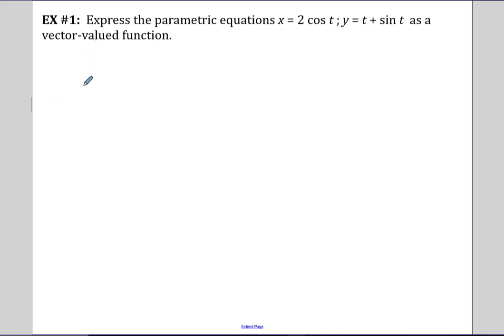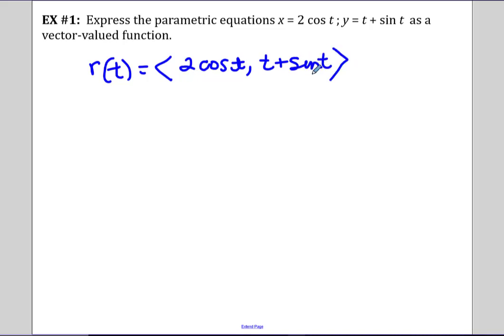So just to get started, let's get some practice here. We want to express the parametric equations, if x is 2 cosine of t and y is t plus the sine of t, as a vector valued function. We can write it using the component form where x of t is 2 cosine t and y of t is t plus the sine of t.